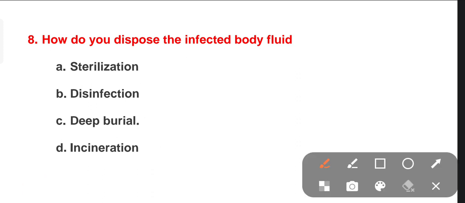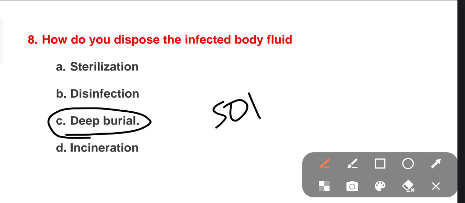The correct option is deep burial. Deep burial is nothing but burying it under the soil, nearly 6 feet deep.